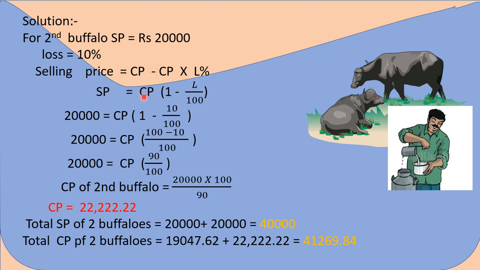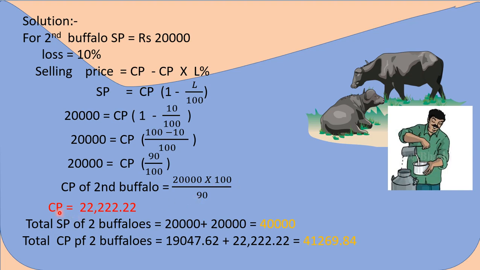So we can write selling price is equal to cost price common, 1 minus L upon 100. So this is the formula for selling price in case of loss, that is cost price into 1 minus loss upon 100. So put the values, loss is 10 and selling price is 20,000, and taking the LCM of this quantity, we have 100 minus 10 upon 100, it will become 90 upon 100, and this transposes to the left hand side, so it will give cost price of the second buffalo is 20,000 multiplied by 100 upon 90.